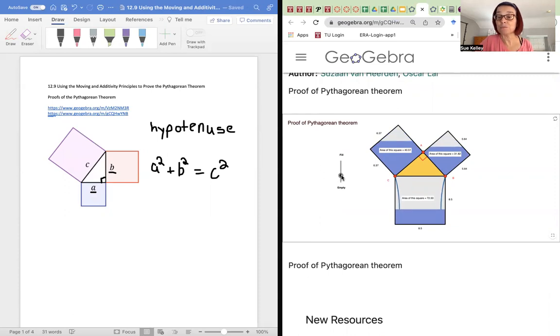And now I'm going to empty them into C, into the C squared. So you can see that the area of A squared plus the area of B squared is going to equal the area of C squared. So hopefully that helps you to understand the Pythagorean theorem a little bit more.